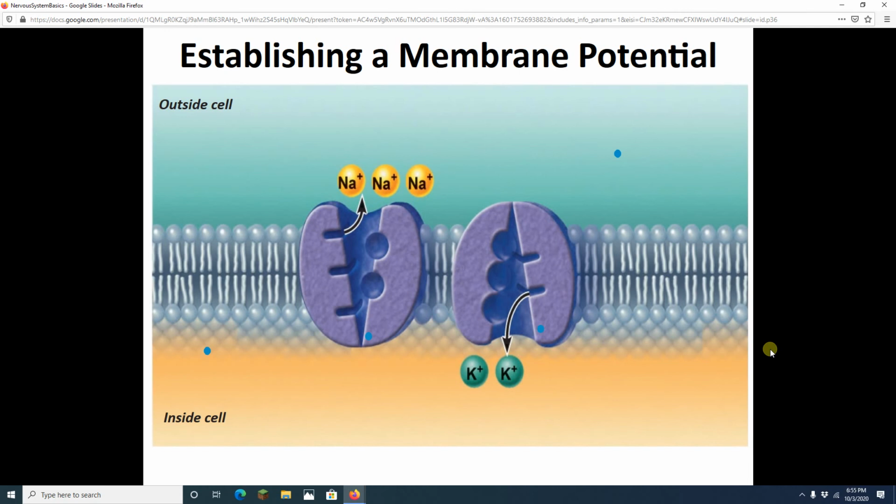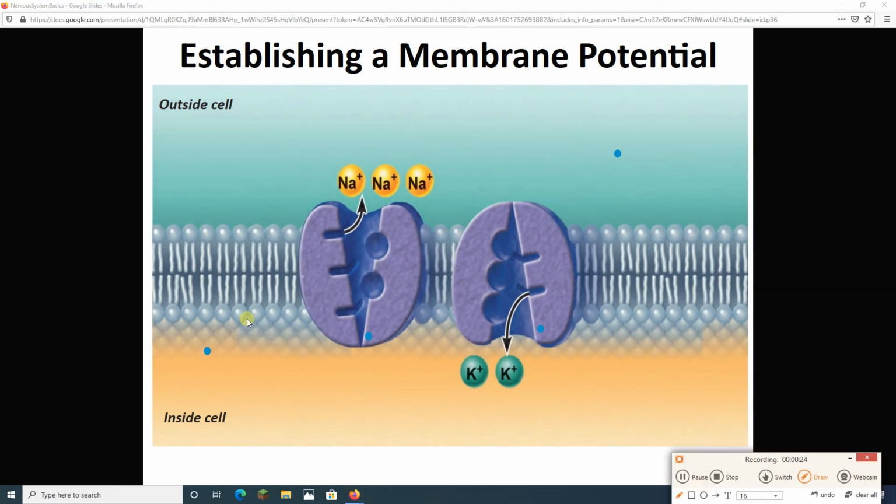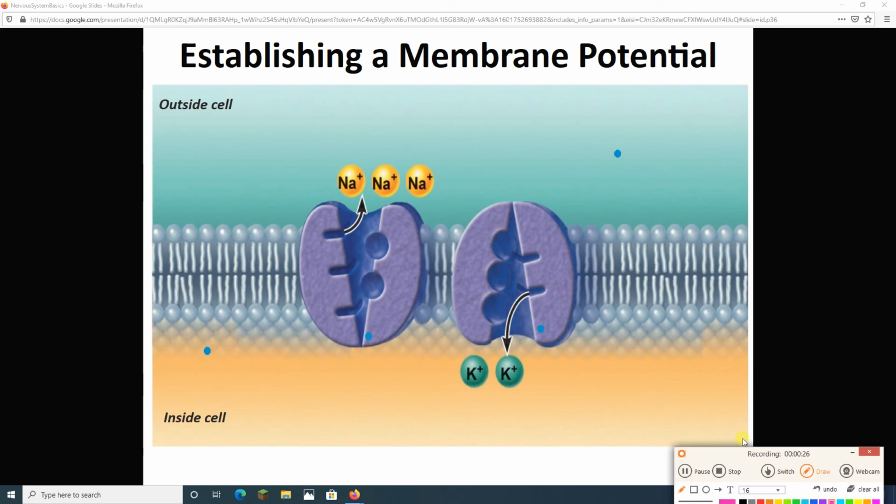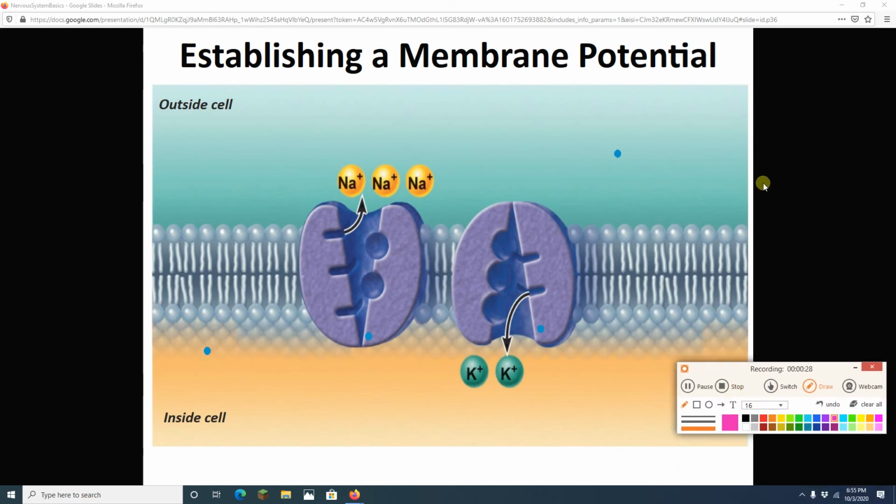Last time we met, we had talked about the fact that a neuron at rest, one that is not doing any signaling, has a membrane potential, and that membrane potential is basically a way of saying it has a voltage, that has this electrical state where the inside of the cell has a difference from the outside of negative 70 millivolts.